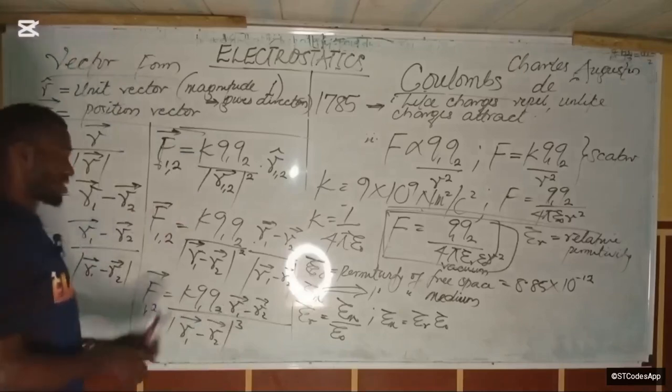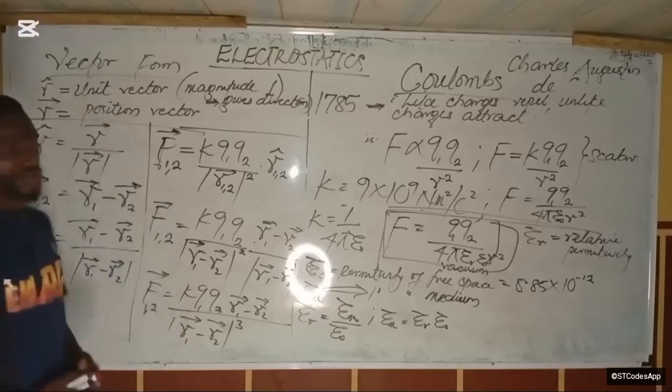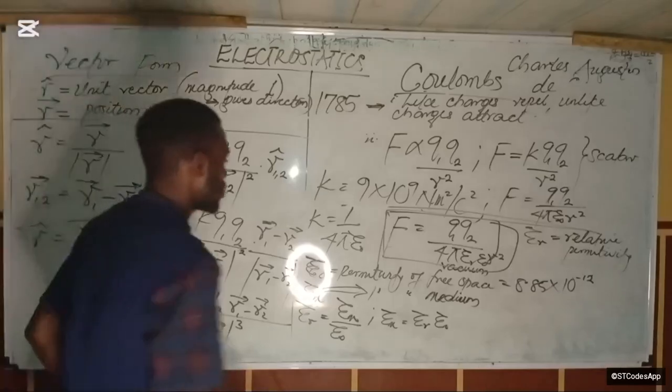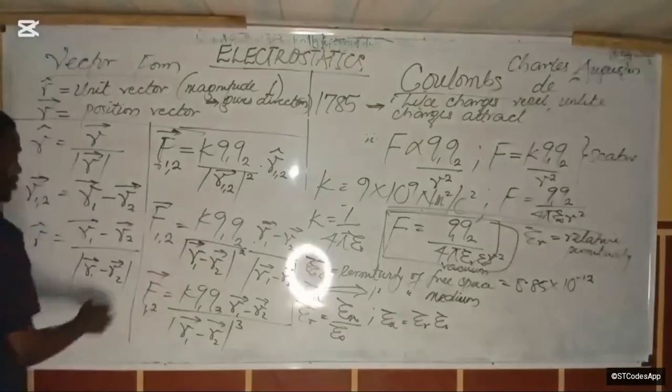So this is another way we can express it, the vectorial notation that we can have. Another vectorial notation is to introduce the relative permittivity into this equation.